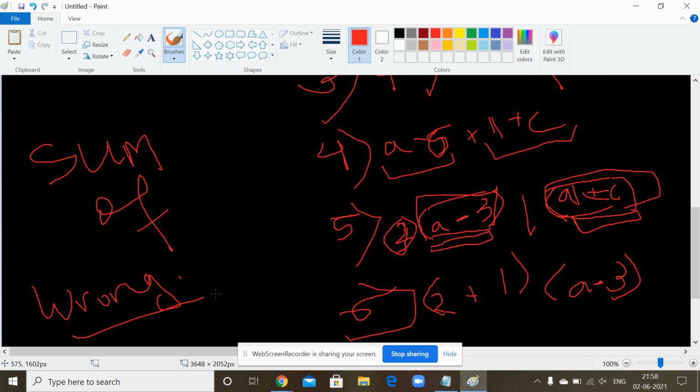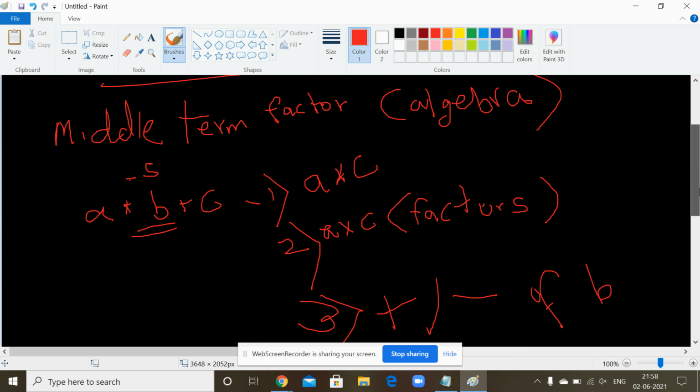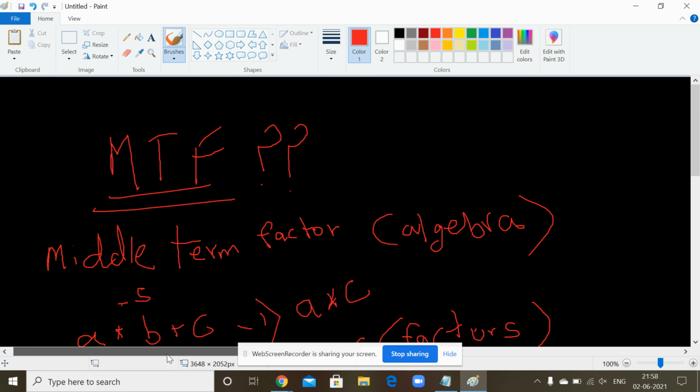Example, in one bracket it comes 3 minus 4, and in the other bracket it comes 4 minus 3. So the answer will be wrong, as it should come the same. If it is 3 minus 4 here, then the other also 3 minus 4. So now let's take an example and solve that.